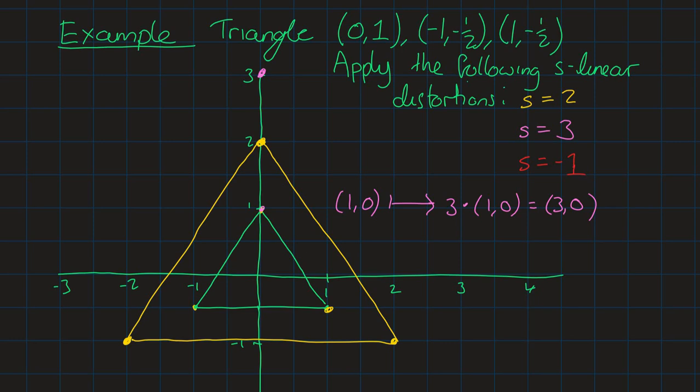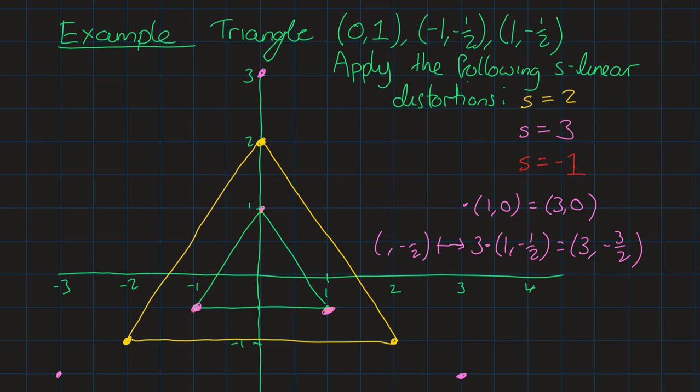This point here is the point (1, -1/2), and that gets sent to 3 times (1, -1/2), which is (3, -3/2). So (3, -3/2) is there. And finally this point here gets sent to (-3, -3/2).